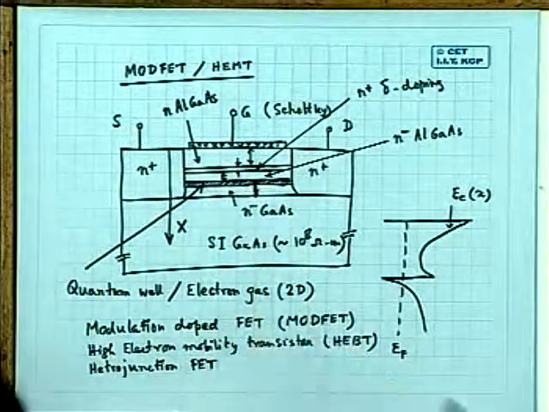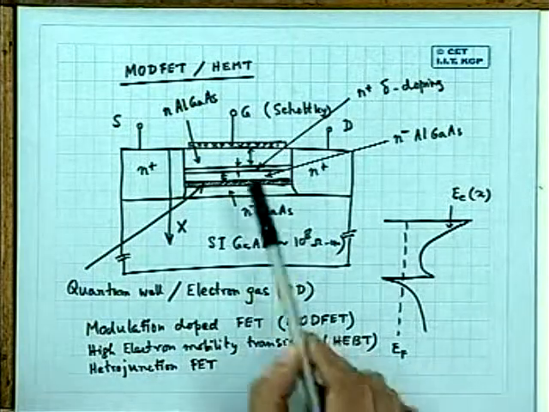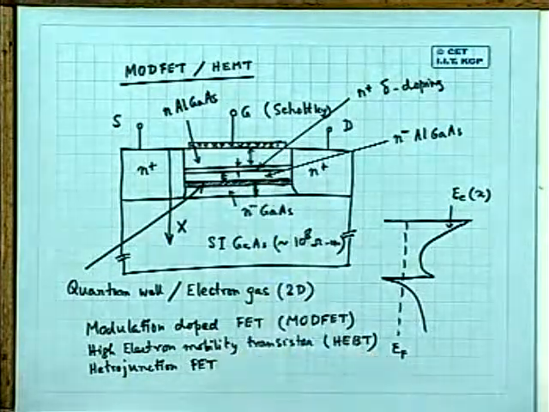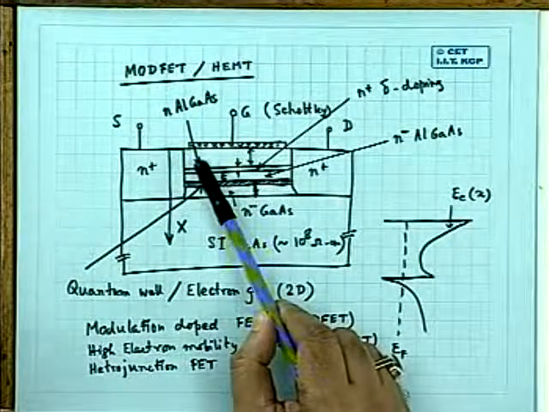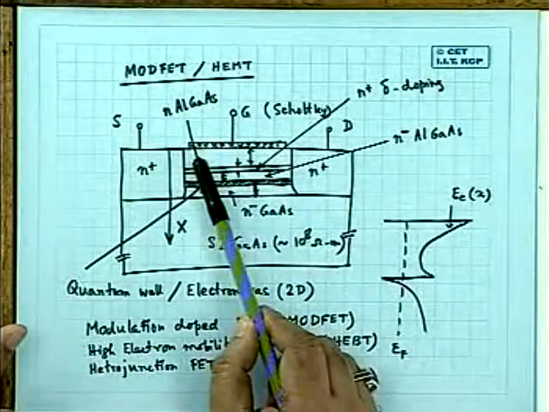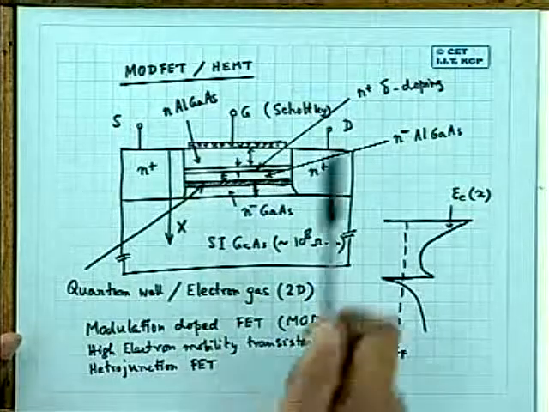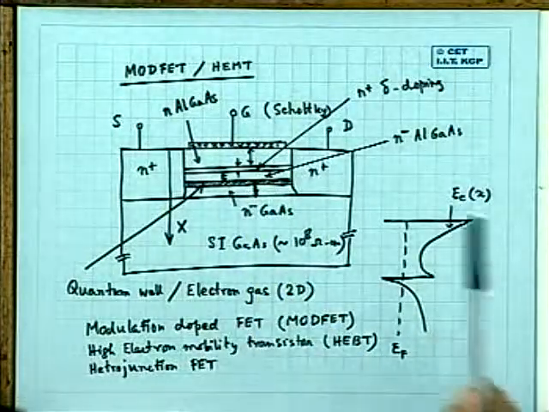The thickness of the delta doped region is 20 angstrom typically. Then the thickness of the top layer, which is slightly more doped. It is not that lightly doped, for various reasons: contact resistance, and also Schottky barrier adjustment.